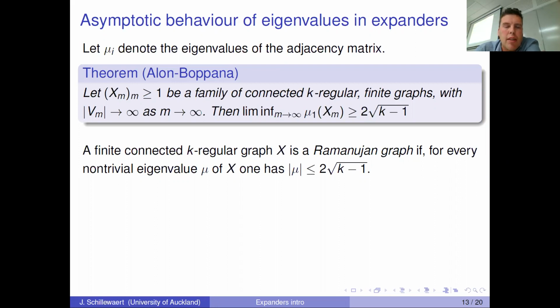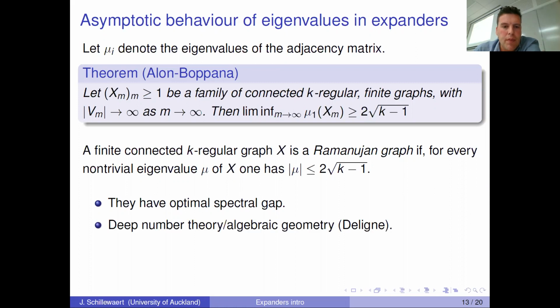Alon-Boppana says this is the best you can hope for, and a Ramanujan graph shows that your hope can be fulfilled. As I said, they have optimal spectral gap. And since the spectral gap and the expansion coefficient were related, they are optimal with respect to expansion.